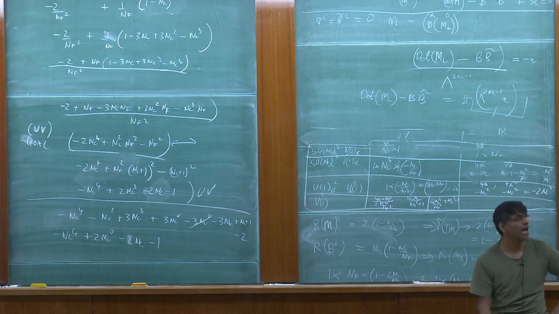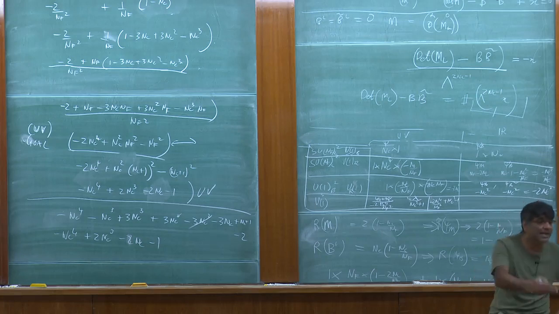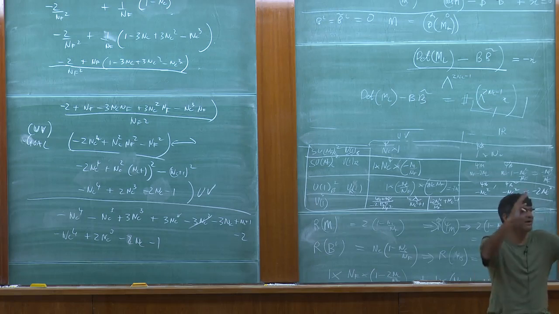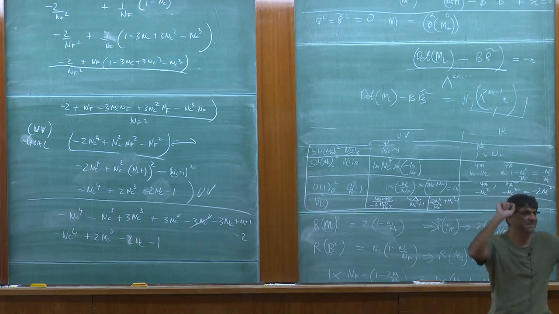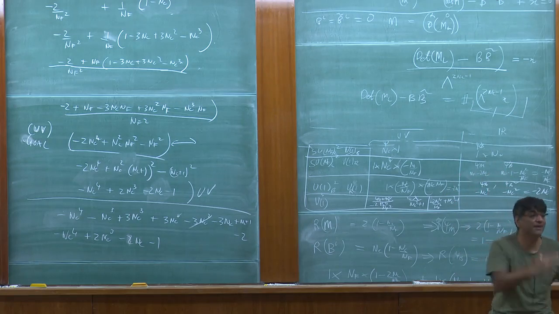So del mu j mu should be the derivative of the action with respect to theta. Now theta appears in lambda, because lambda to the power b naught was e to the power minus 8 pi squared by g squared plus i theta. So in some sense you can keep track of it by differentiating with respect to lambda.